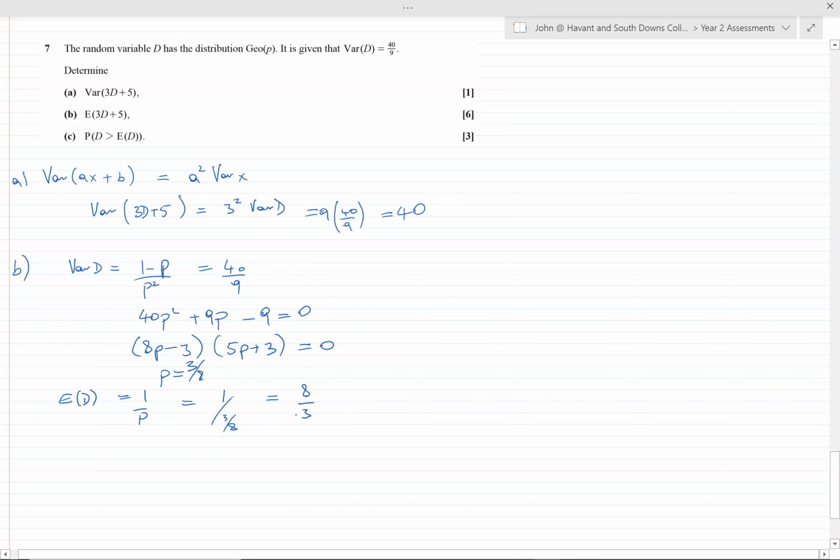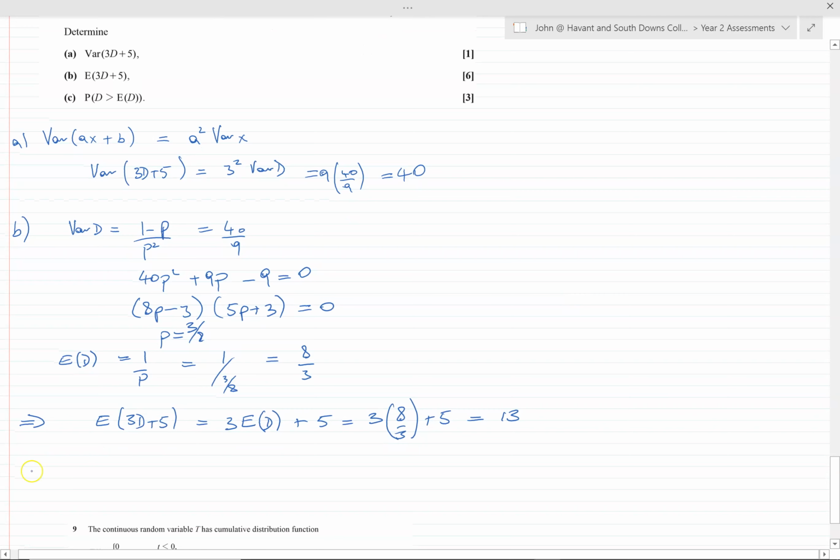And then we want finally to work out the expectation of 3d plus 5. Now using that standard result, we're not squaring now because it's the expectation: 3 times the expectation of d plus 5. So that's 3 times 8/3 plus 5, which is equal to 13.